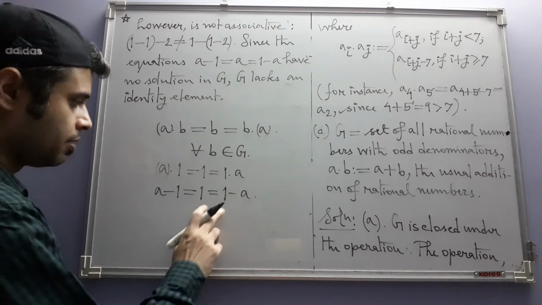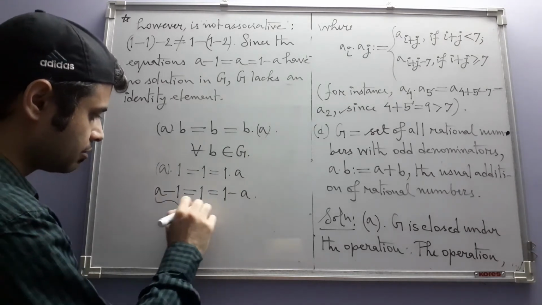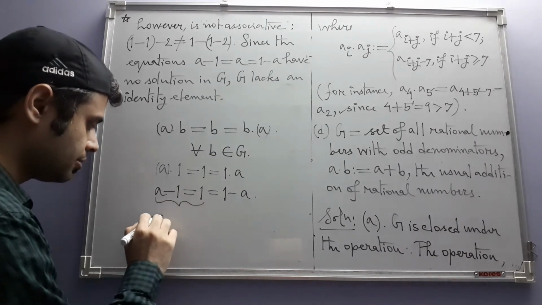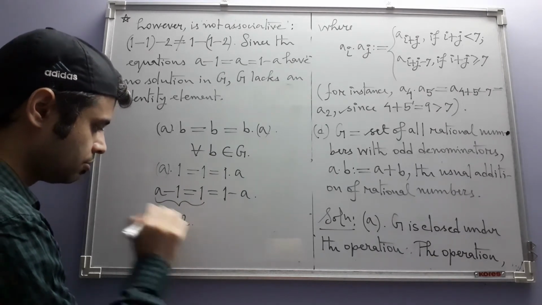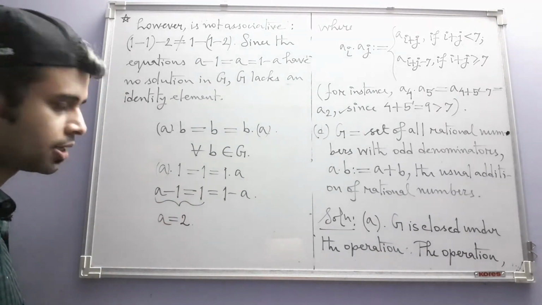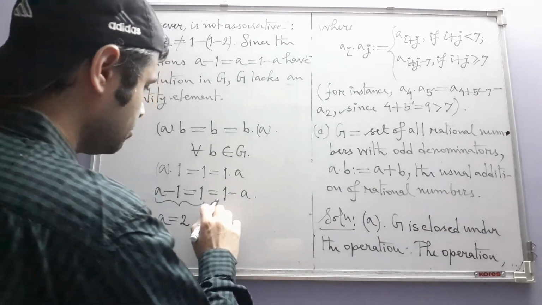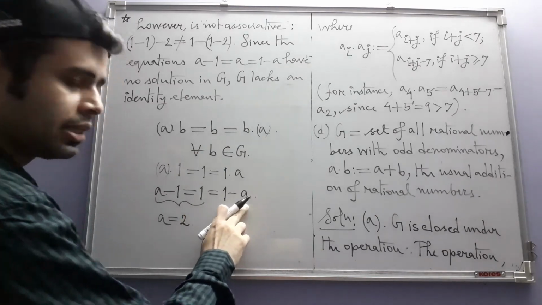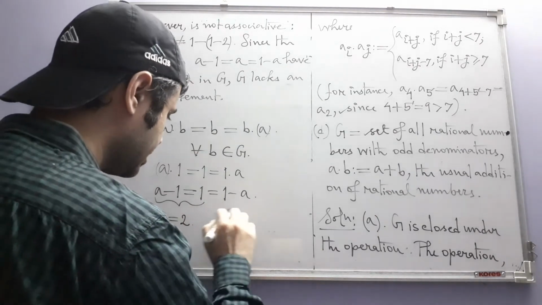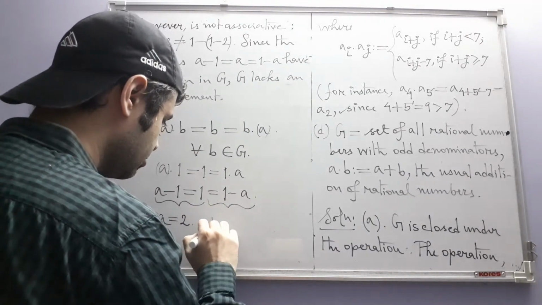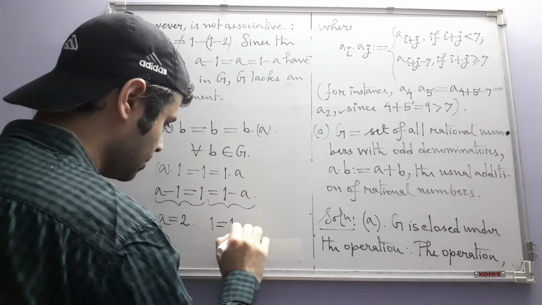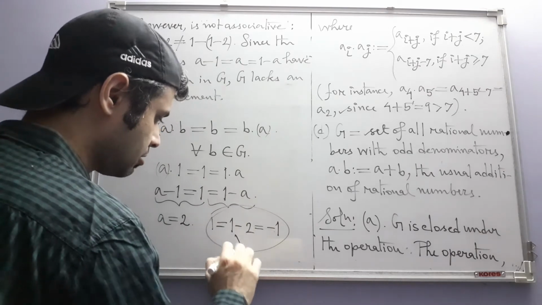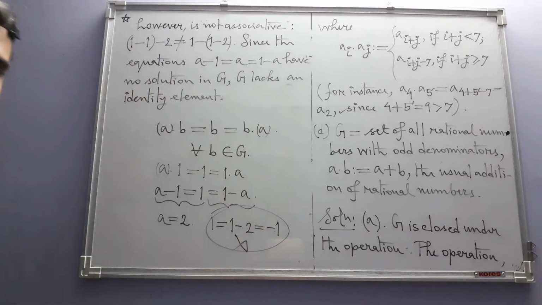Why? Because if you take the first equation, from that you get A is equal to 2. Now if you substitute that value in the second equation, then you get 1 is equal to 1 minus 2, which is equal to minus 1, and this is nonsense, this is not true.